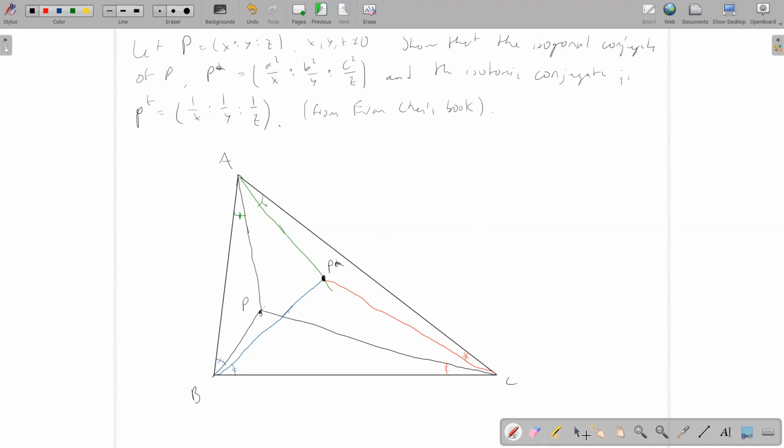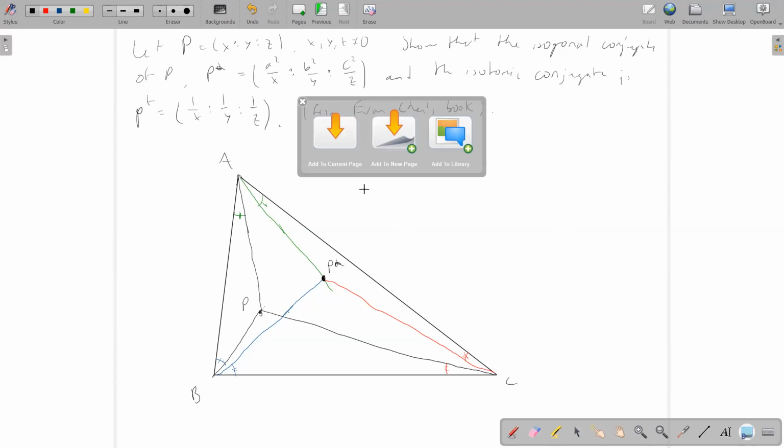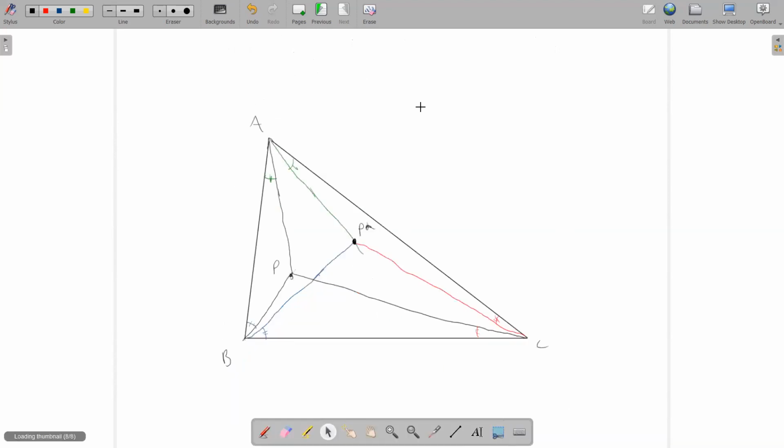So instead, in the same picture, instead of doing the equal angles, it seems I can't erase.